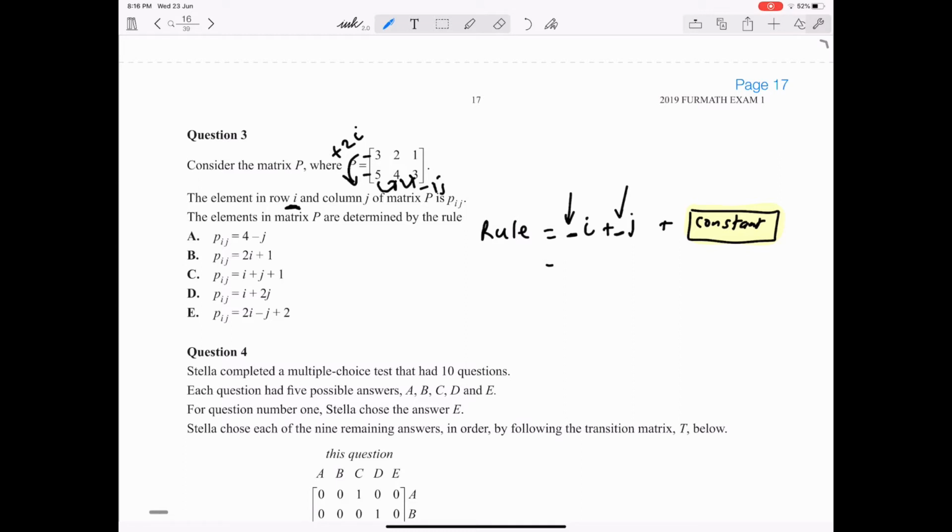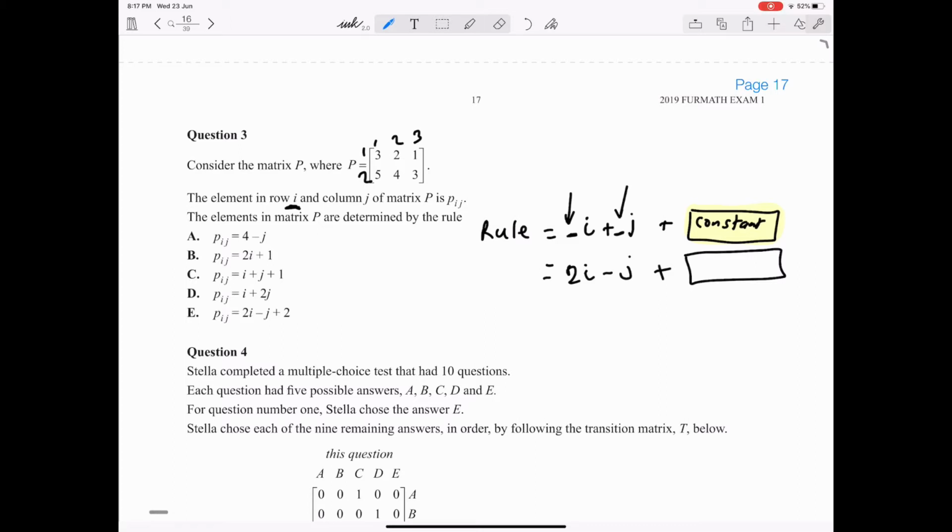Now you sub that into the rule. We wrote over here plus 2i, so you write 2i. And we wrote over here minus 1j, because it decreases as you move across the columns. So you write minus j plus a constant, which we need to determine. To determine the constant, basically all you need to do is sub in the values of i and j.